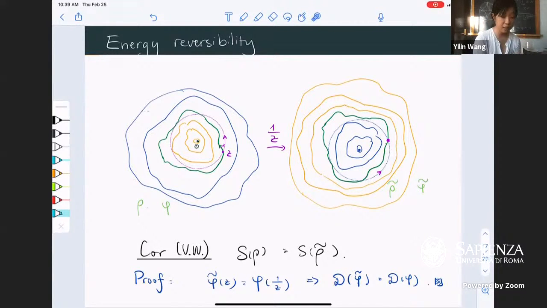And the Dirichlet energy is invariant under conformal maps. So the Dirichlet energies of the winding functions are the same. Because of the energy duality, the Loewner-Kufarev energies of rho and rho tilde are the same.